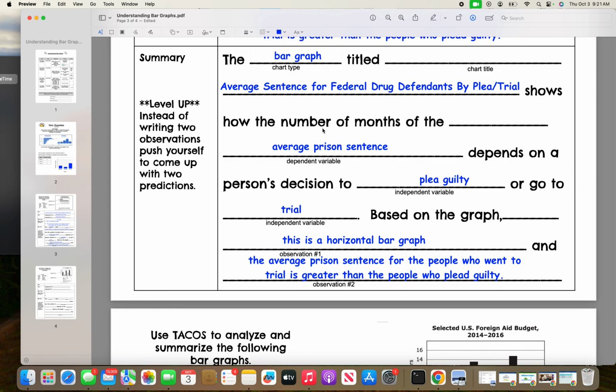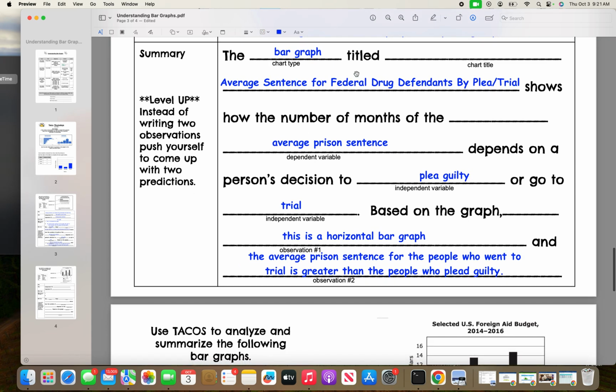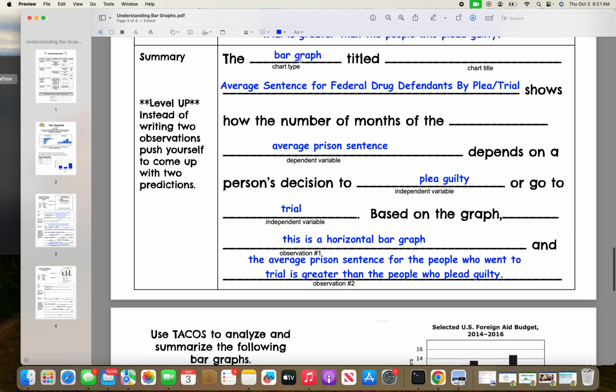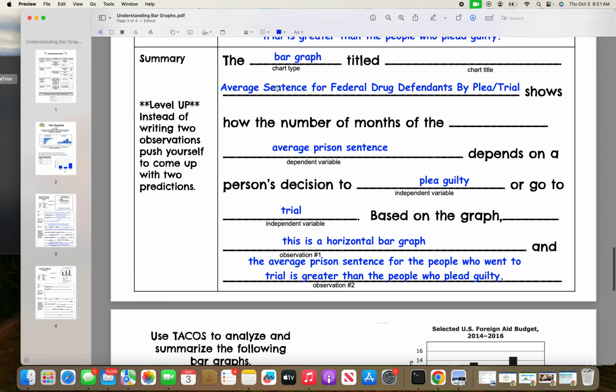There we have it, now let's read this together. The bar graph titled Average Sentence for Federal Drug Defendants by Plea versus Trial shows how the number of months of the average prison sentence depends on a person's decision to plead guilty or go to trial.